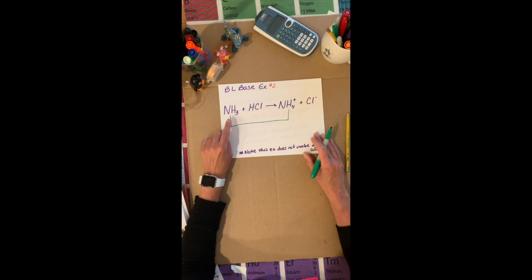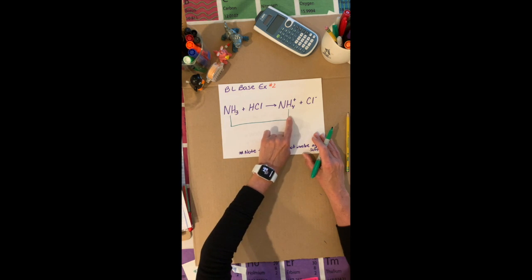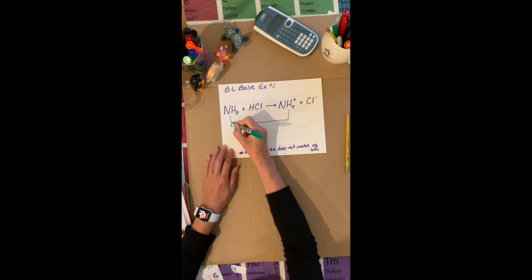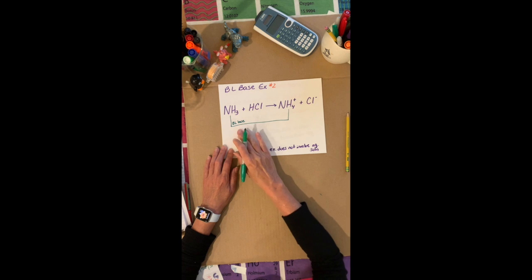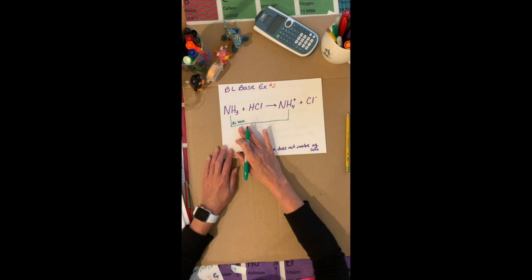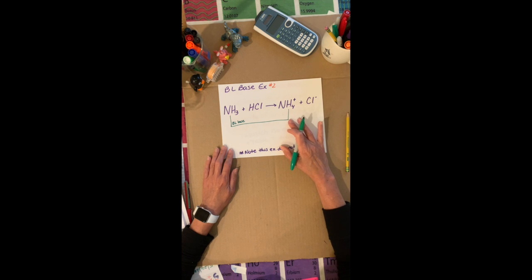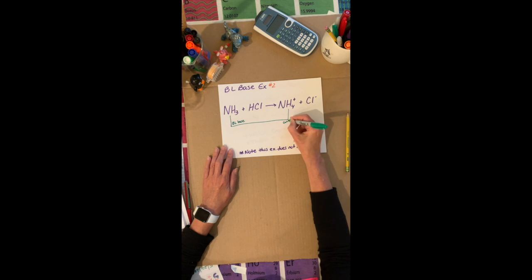This must have accepted a hydrogen to become that. Therefore, this is the Bronsted-Lowry base. It's a hydrogen ion acceptor. That makes this the conjugate acid.